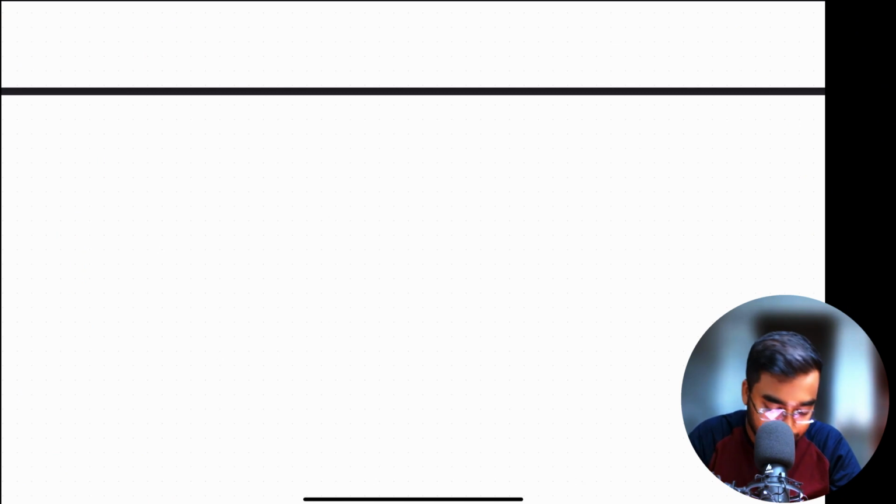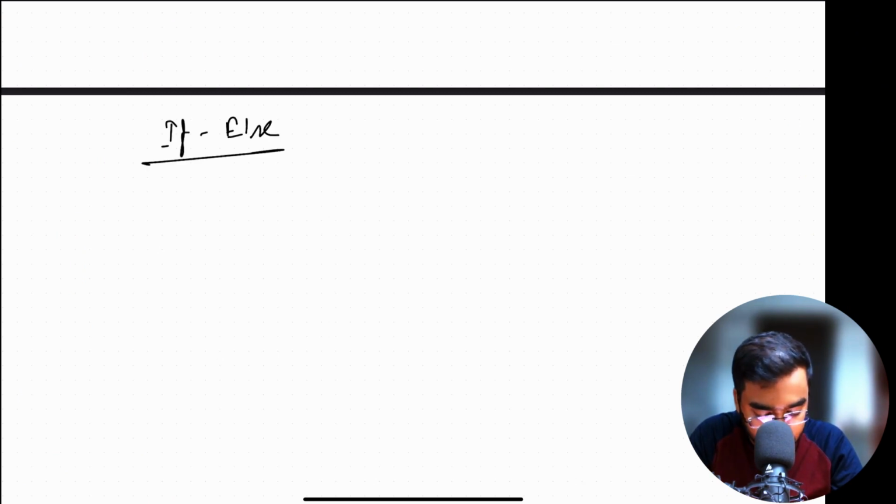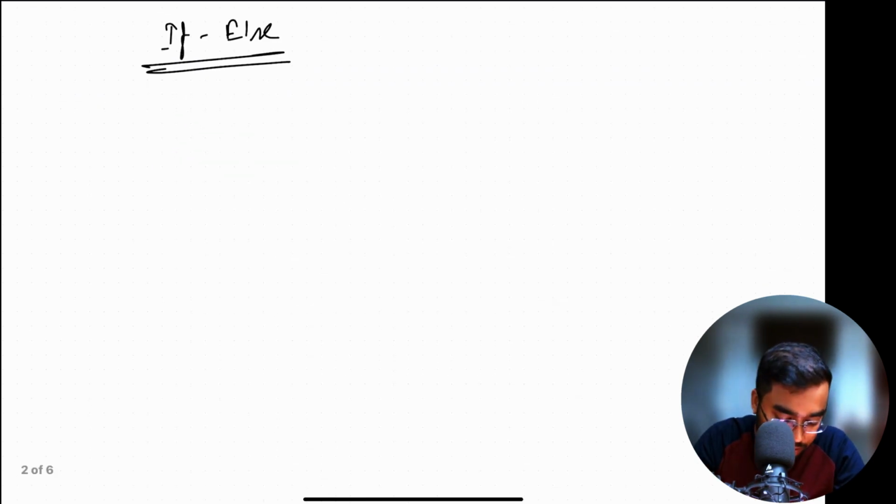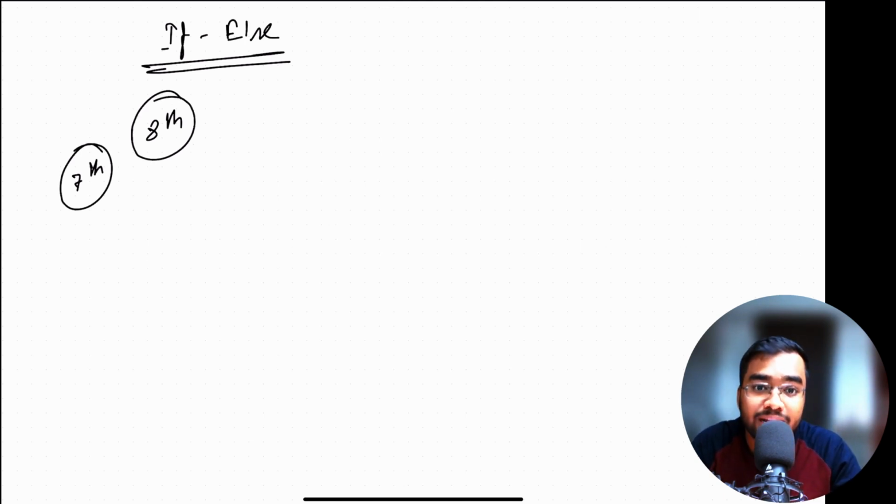First of all, let me talk about the if else statement. Where would we be using it? For example, you have two electives in your final year, in your 7th or 8th semester, and you will have to choose some elective subjects.